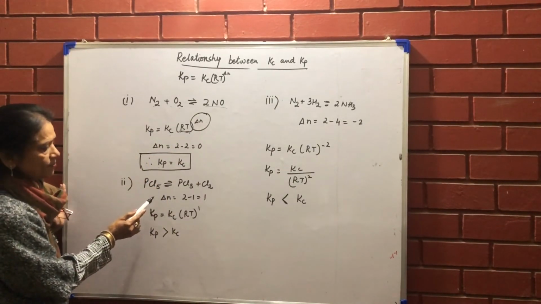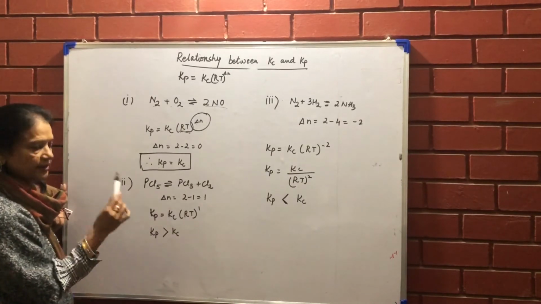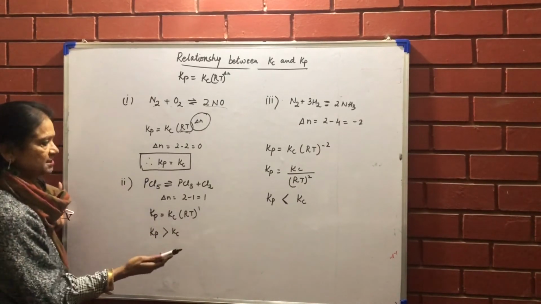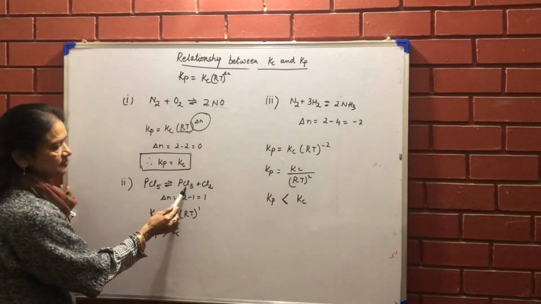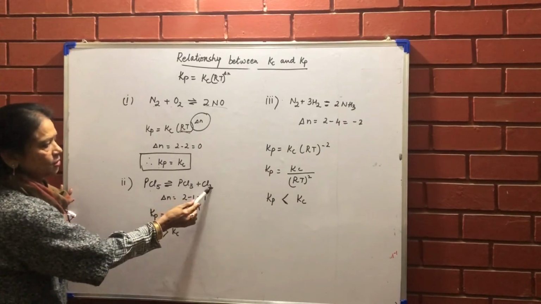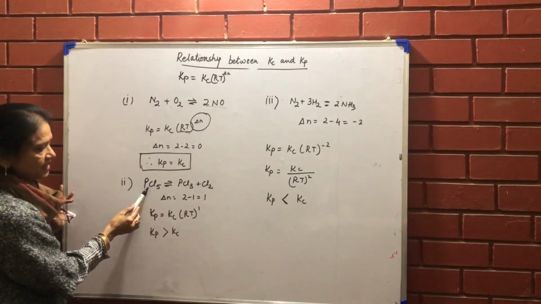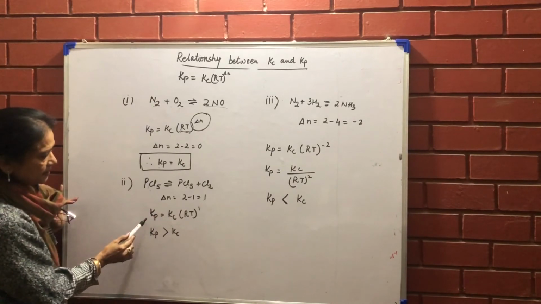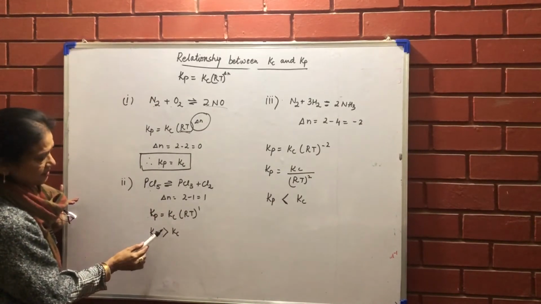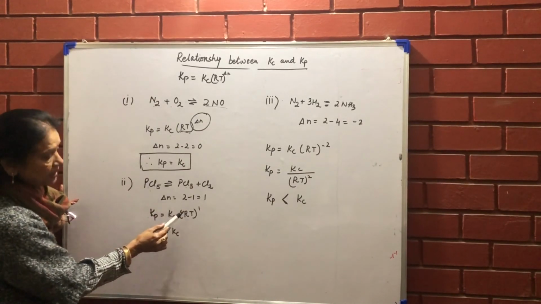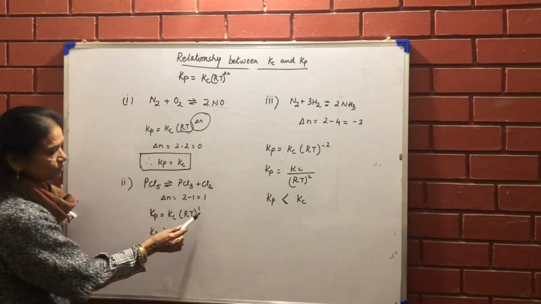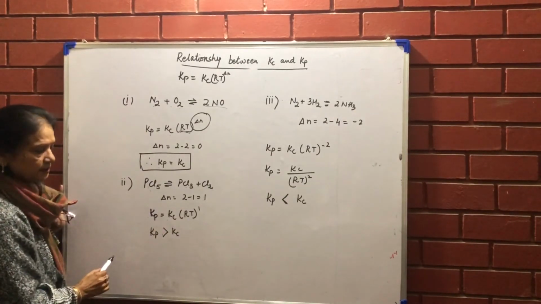If delta n is positive, like PCl5 gives PCl3 plus Cl2, 2 moles of product minus 1 of the reactant becomes 1, then Kp will be greater than Kc because Kp is Kc multiplied by RT, so the whole value becomes more than Kc.